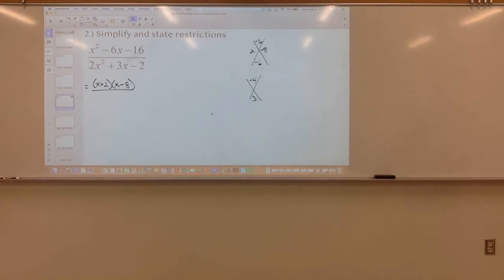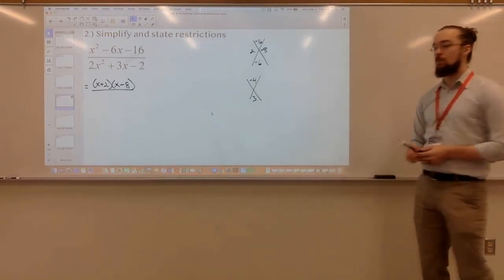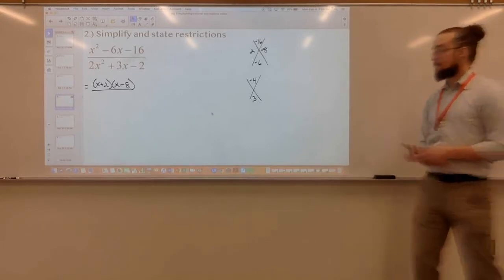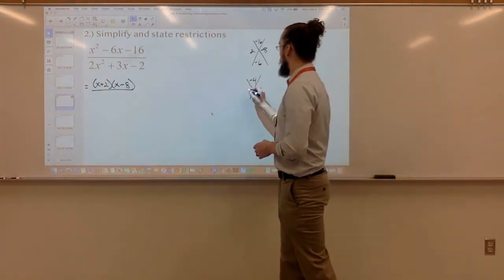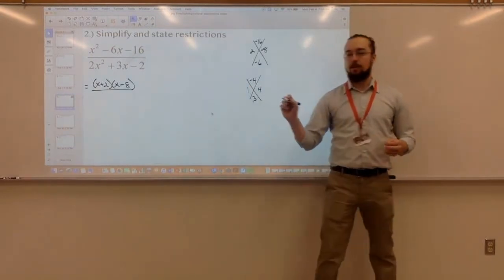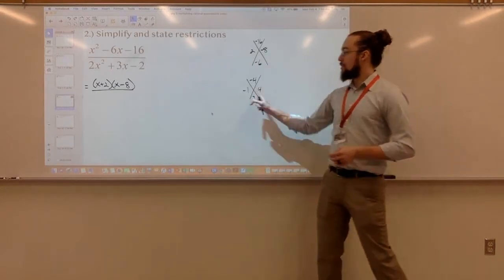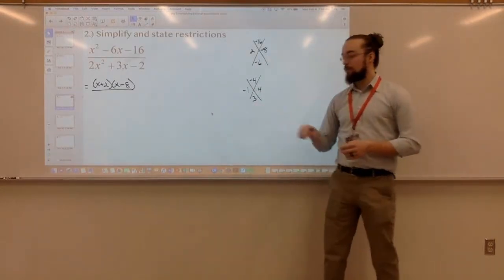So what two numbers multiply to negative 4 and add to positive 3? It's going to be 4 and 1, and one of them will have to be negative. 1 will have to be negative. Negative 1 times 4 is negative 4. Negative 1 plus 4 is 3.